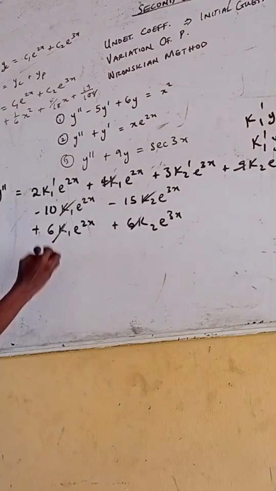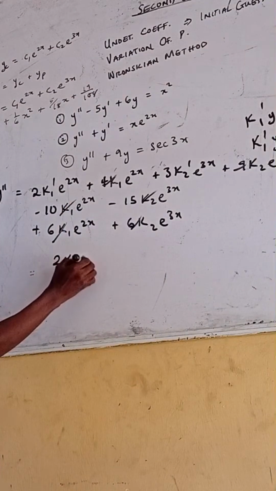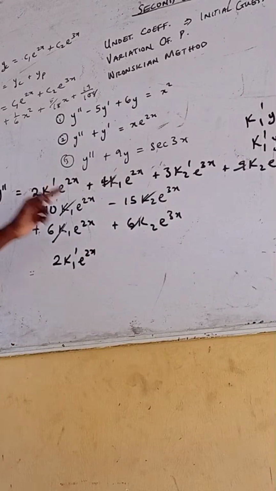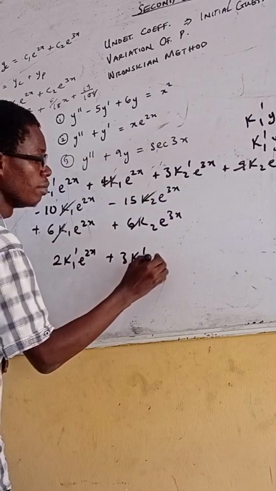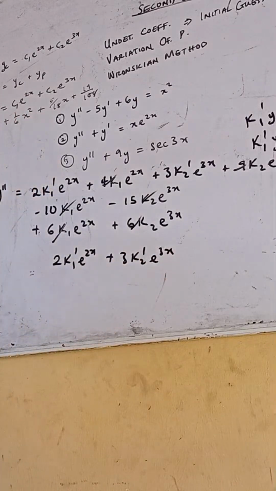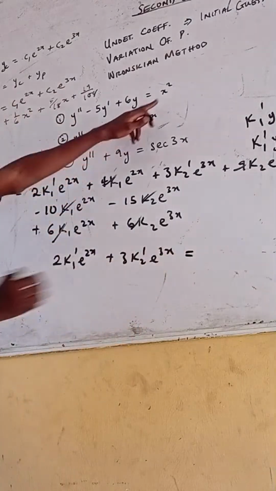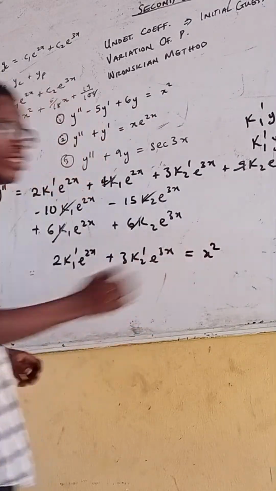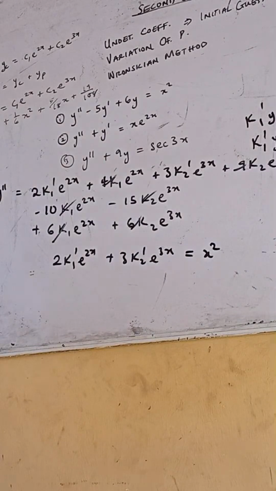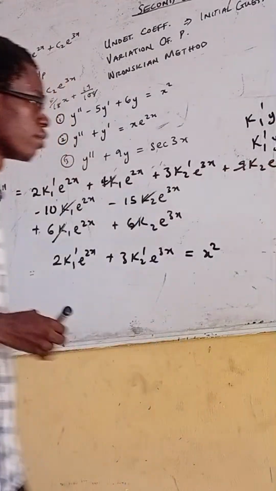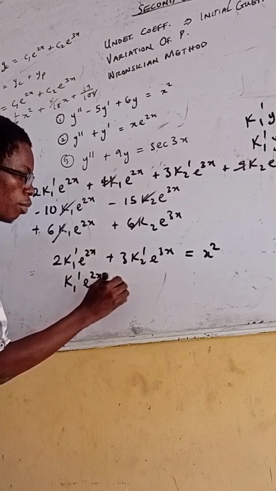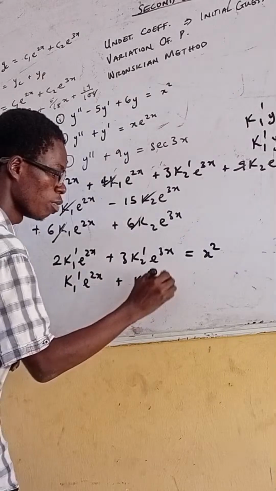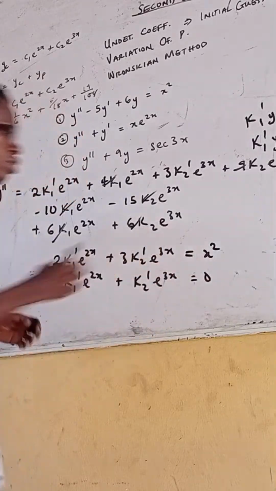So it means 2k1 prime e raised to power 2x plus 3k2 prime e raised to power 3x. What else remains? Everything else has gone. It's equal to x squared. Abi? Now don't forget the initial one that we made: k1 prime e raised to power 2x plus k2 prime e raised to power 3x is equal to 0.